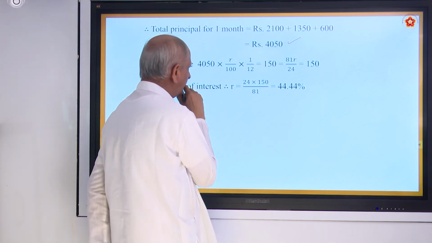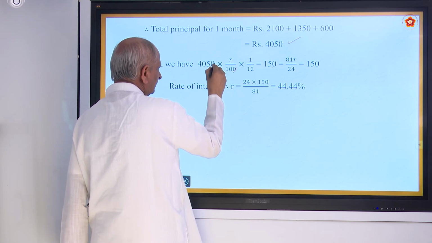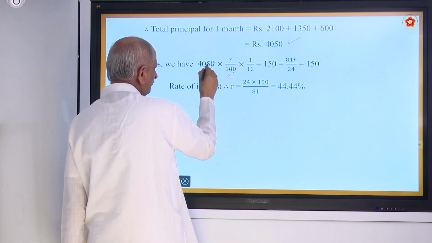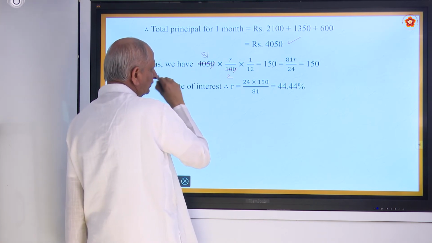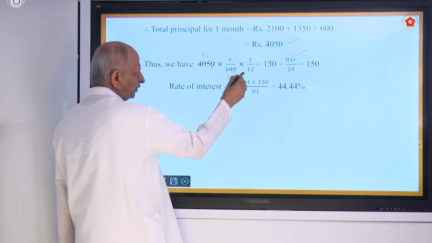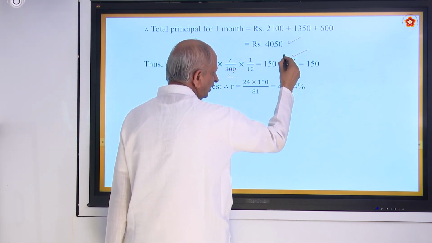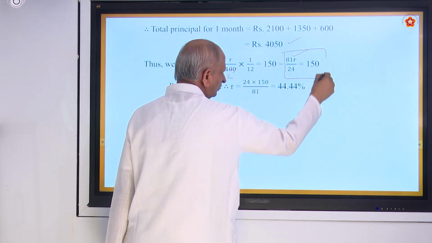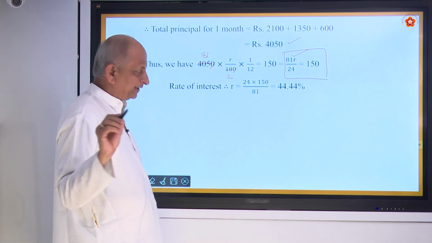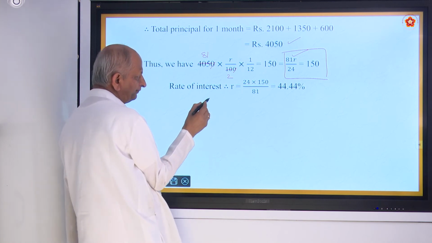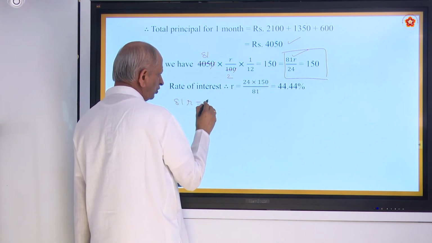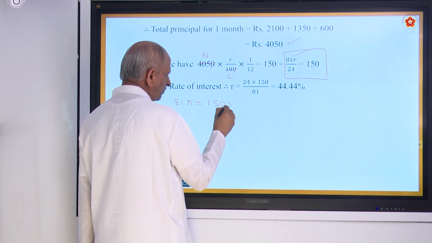Suppose you simplify it, 0, 0 cancels, then 5 2s are 10, 5 81s are 405. So on the numerator you have 81R. Denominator you have 12 2s are 24. So 81R by 24 is equal to 150. That is the equation. What is R, the rate of interest? How to find R? So 81R is equal to 150 into 24.